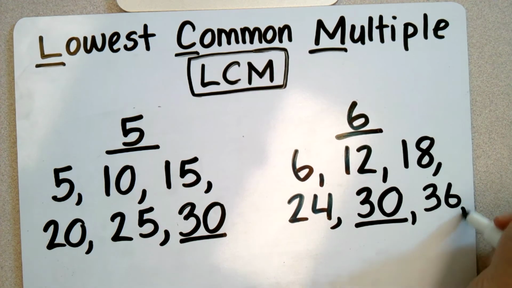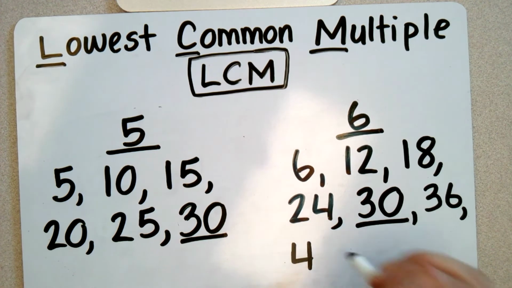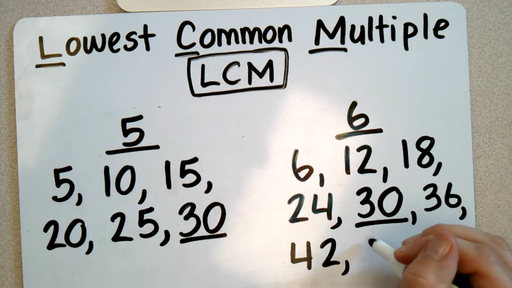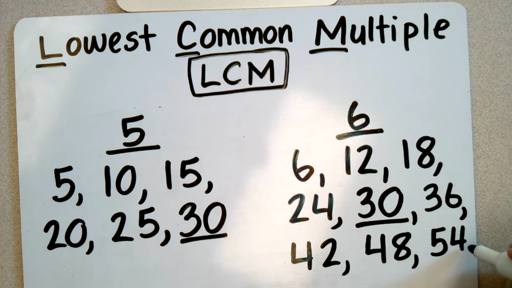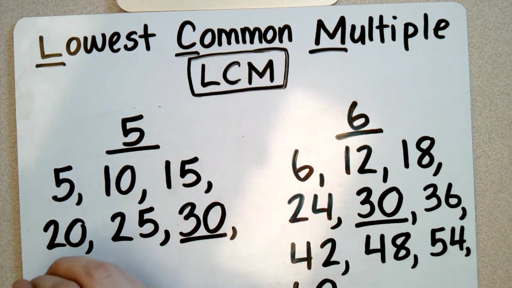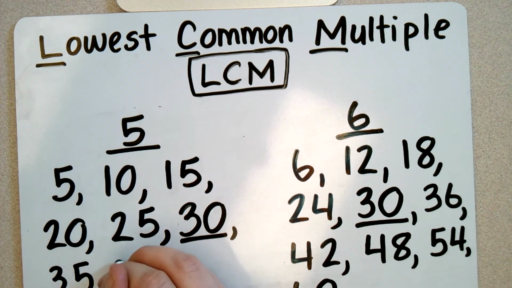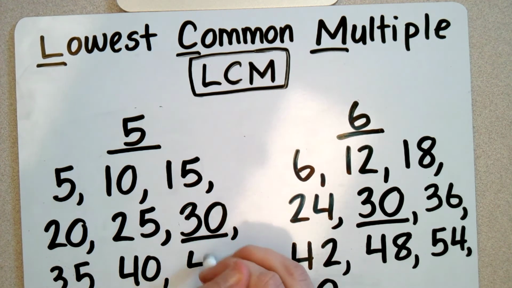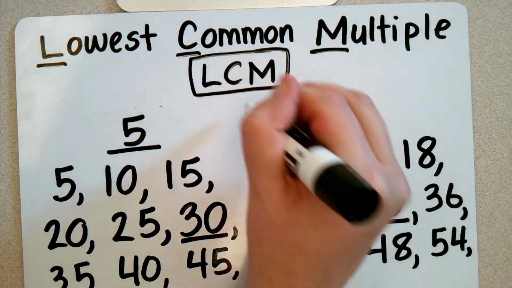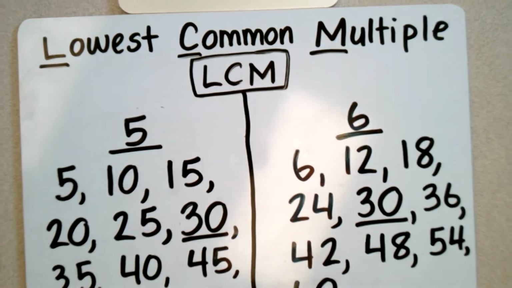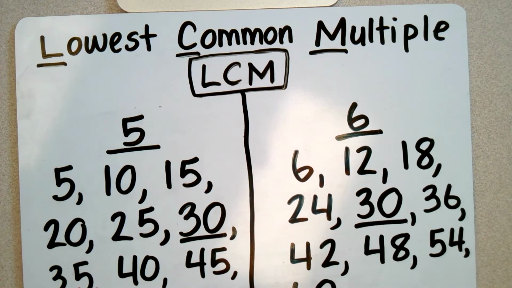I just want to show you something quickly. If I were to keep going all the way up on both sides, continuing to come up with the multiples, you'll notice they also have the number 60 in common.